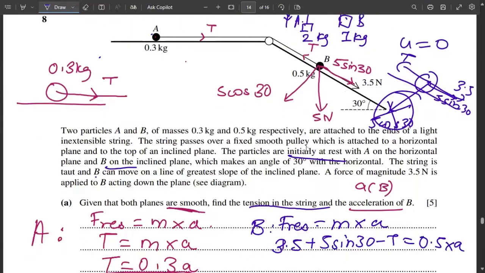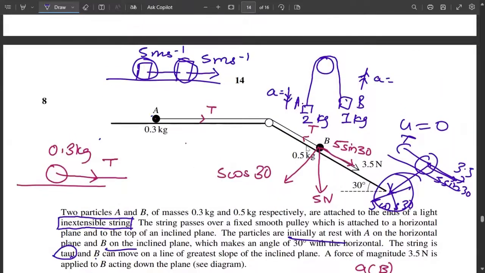This is the case for A and B here also. Why? Because they have told us the string is inextensible. That means both will have to move together. The string is like a hard stick which cannot be stretched. And here also they had mentioned it as taut. That means it cannot stretch, and both will have to move. If this covers 1 meter distance, then the other will cover 1 meter distance.